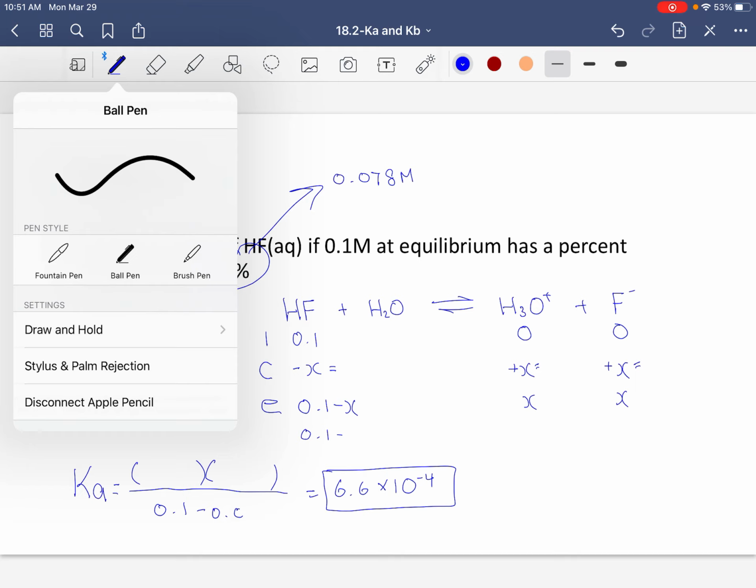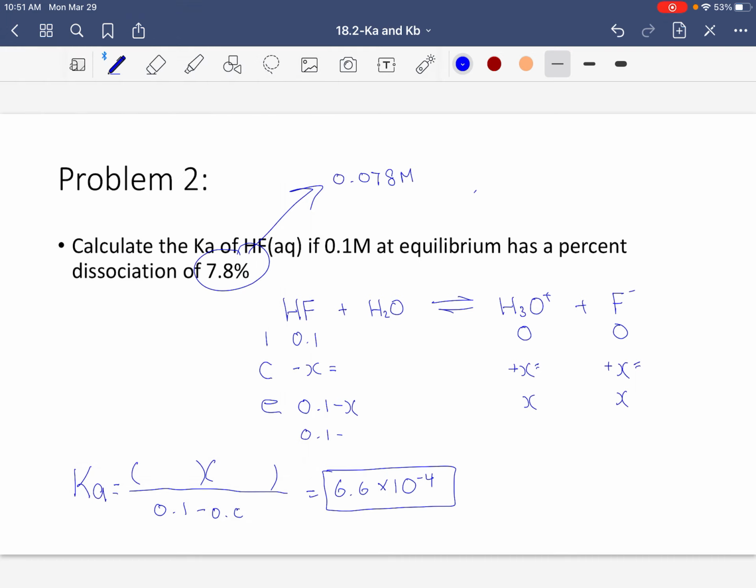What that means is that before you turn it into x, you have to take this with respect to, well, first you divide that by 100, so that's 0.078, and you have to multiply this by 0.1.